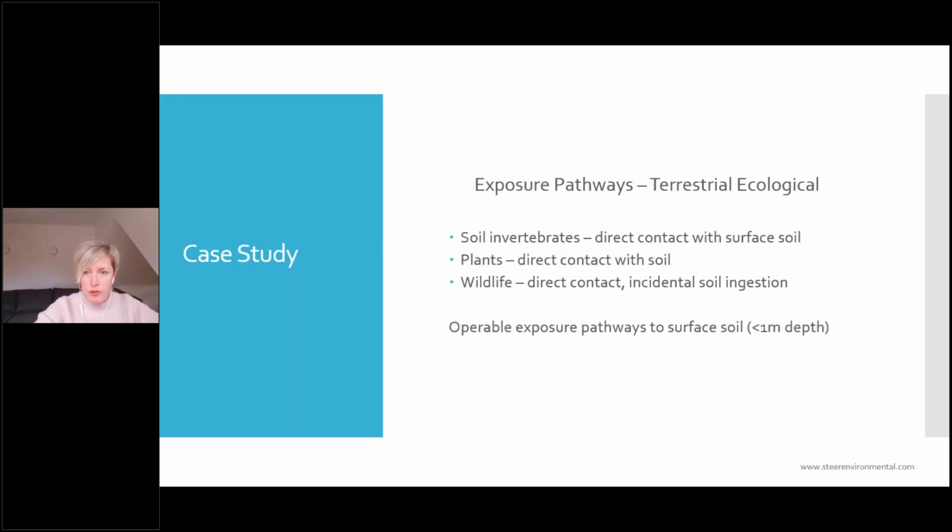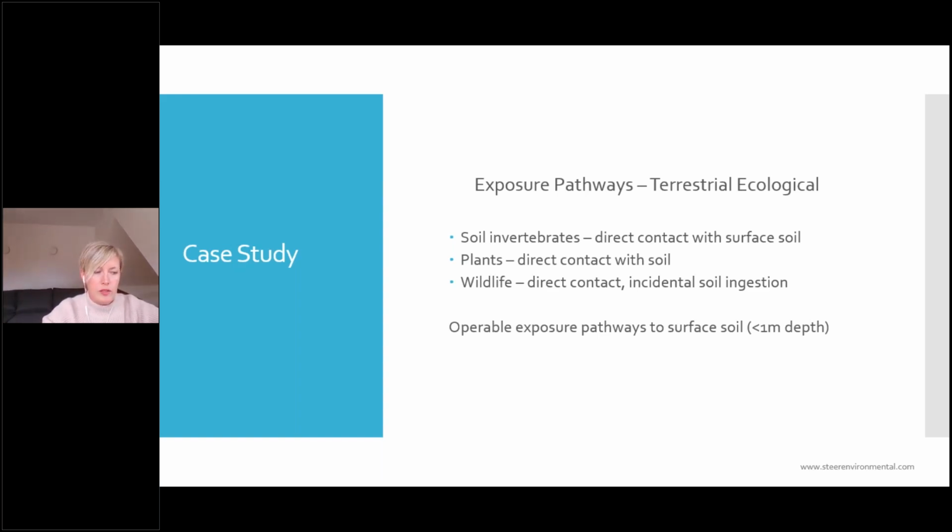When we look at the terrestrial ecological receptors, we know that soil invertebrates are exposed to surface soil, particularly the upper half meter of soil. And when I say surface soil, I mean the top meter of soil. We knew that there were deep rooting plants on the site, but we also know that 83% of the root biomass occurs in the upper 30 centimeters on a site in this forest biome.